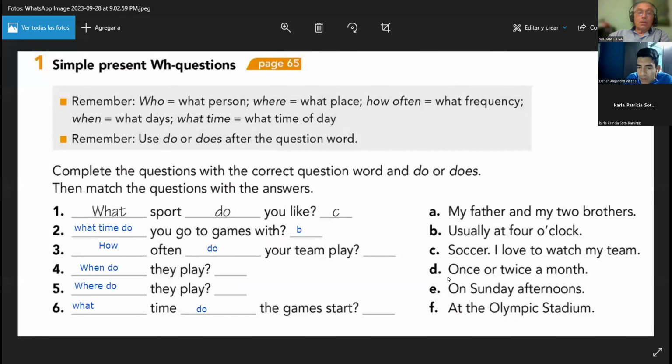I guess it's letter D. What time do you go to games with? ¿Cómo es eso? Darían, what time do you go to games with? Entonces no necesitamos el with ahí. Está de más el with. Si tú dices, what time do you go to the games? Ya estuvo. Pero ahí tenemos with.